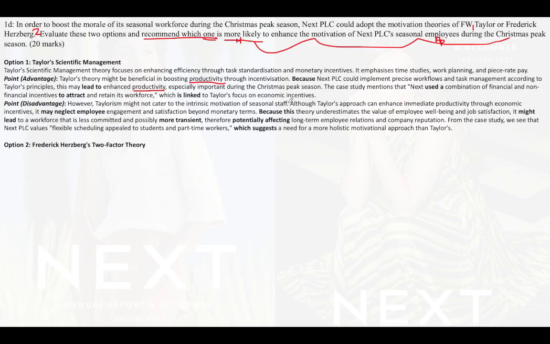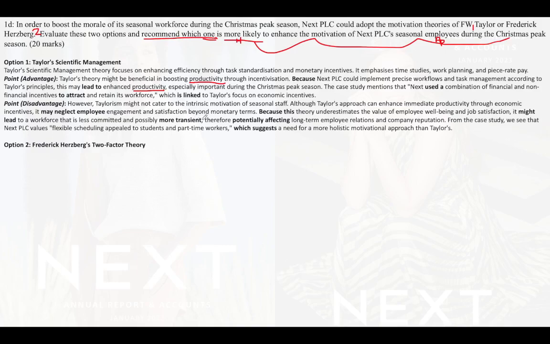Better. Although Taylor's approach can enhance immediate productivity through economic incentives, it may neglect employee engagement and satisfaction beyond monetary terms. Because this theory underestimates the value of employee well-being and job satisfaction, a bit more motivation, it might lead to a workforce that is less committed and possibly more transient.